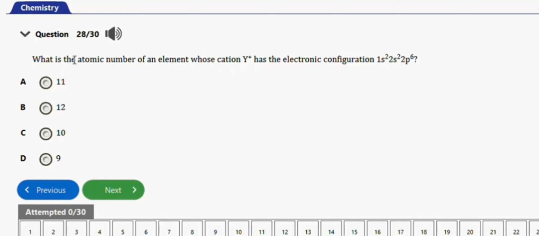The question is, what is the atomic number of the element whose cation has this electronic configuration? Okay, so this will be sodium, guys. Sodium has atomic number of 11. So when it takes part in a chemical reaction and becomes a charged atom, it's going to lose one electron to attain the electronic configuration of neon. So it will be A. Okay, not 10, it will be A, guys. Sodium charged atom.